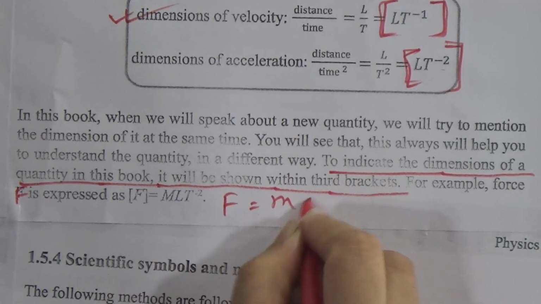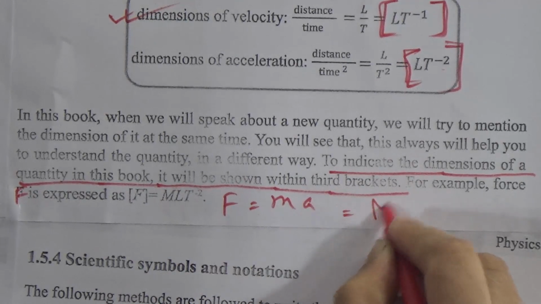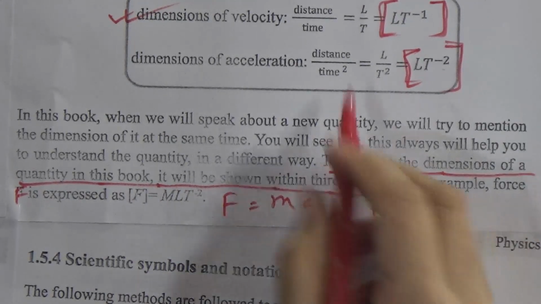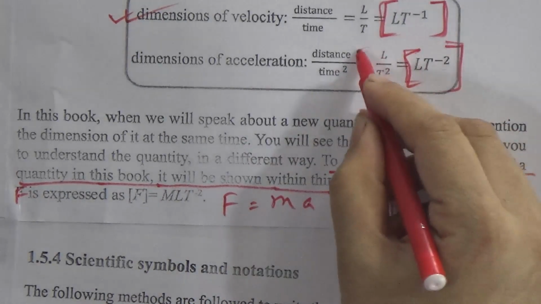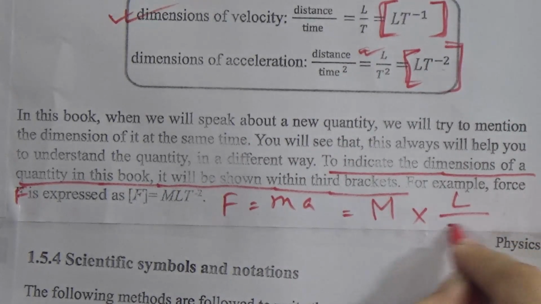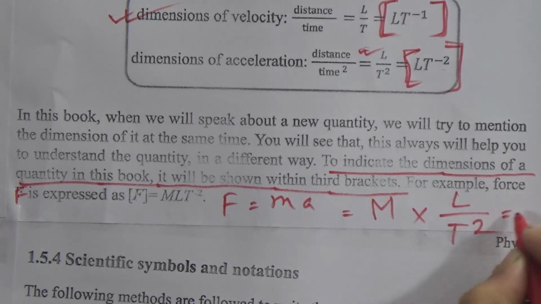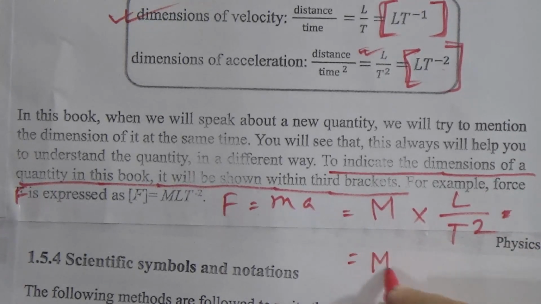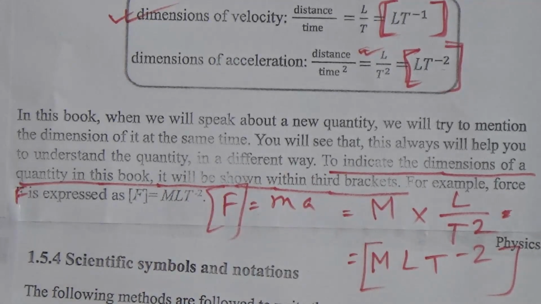We know F equals ma, where M is mass and a is acceleration, that means L divided by T squared. So it becomes ML per T squared, and that is the dimension of force.